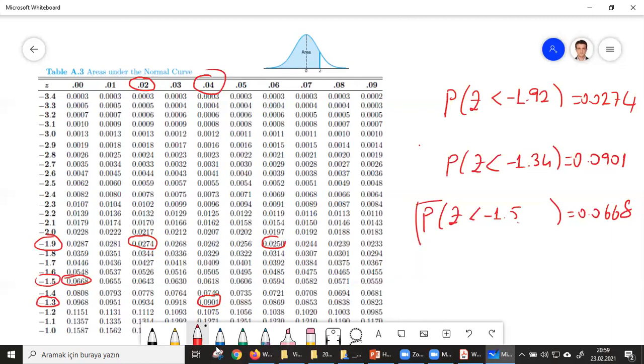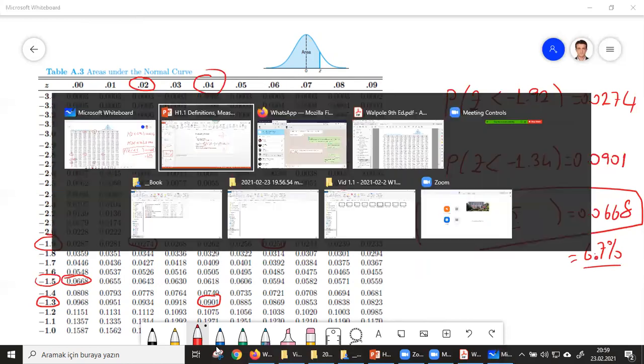Okay, so the question's answer is 0.0668, which is almost 6.7%. So the probability that Z is smaller than or equal to minus 1.5 is 6.7%.